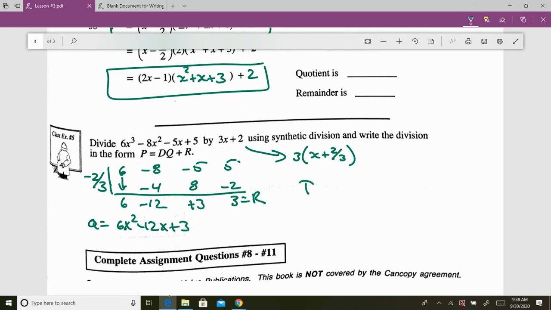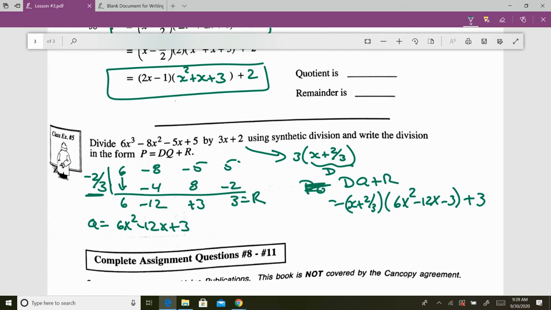So if we write it as dq plus r, this is our divisor, because that's what we actually divided by. So it's x plus 2/3. The quotient, this thing here, is 3. Remainder is 3.